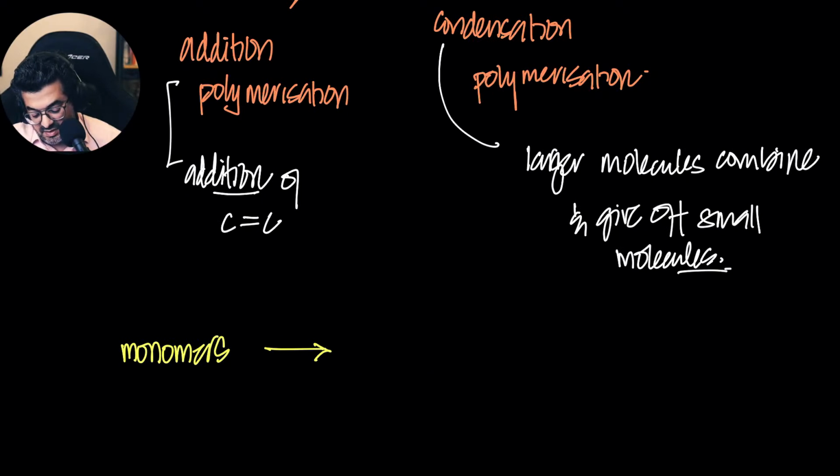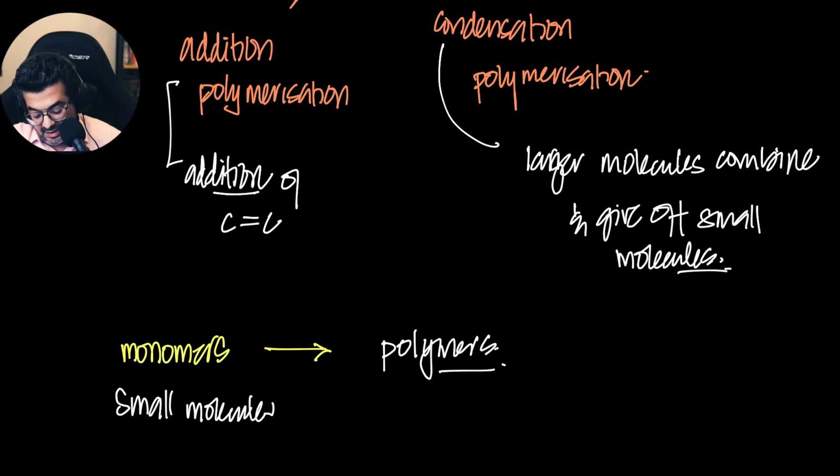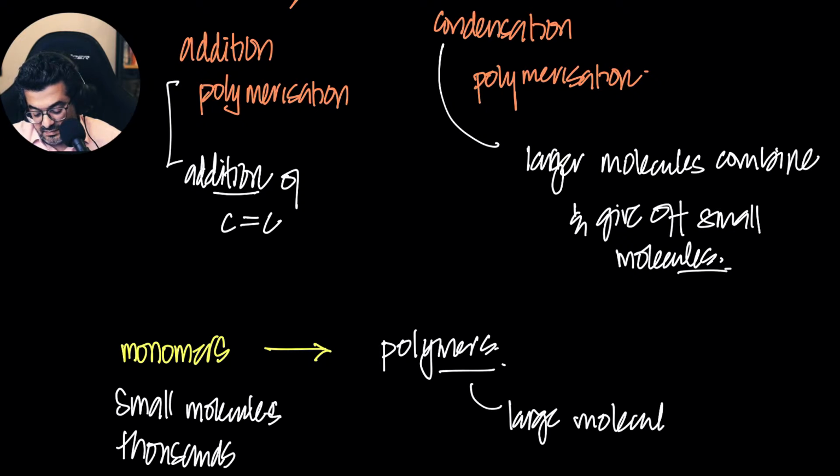The idea is that small molecules, thousands of them, not even thousands, billions of them, make a large molecule. So when thousands of small molecules make one large molecule, we call that process polymerization.